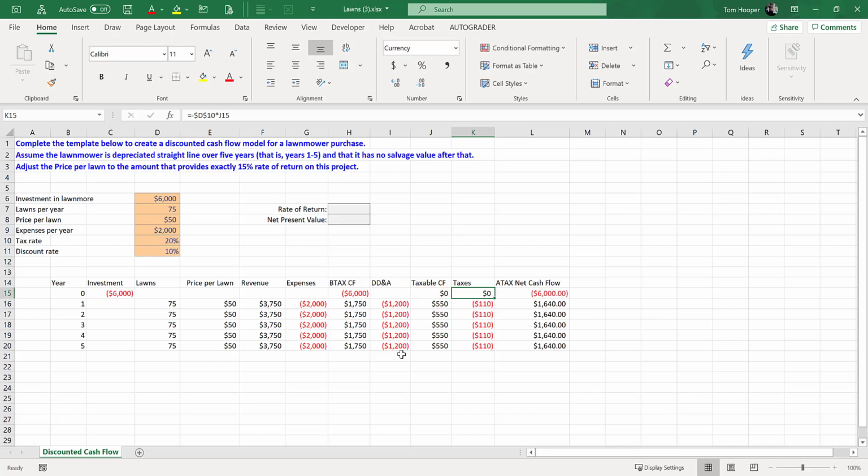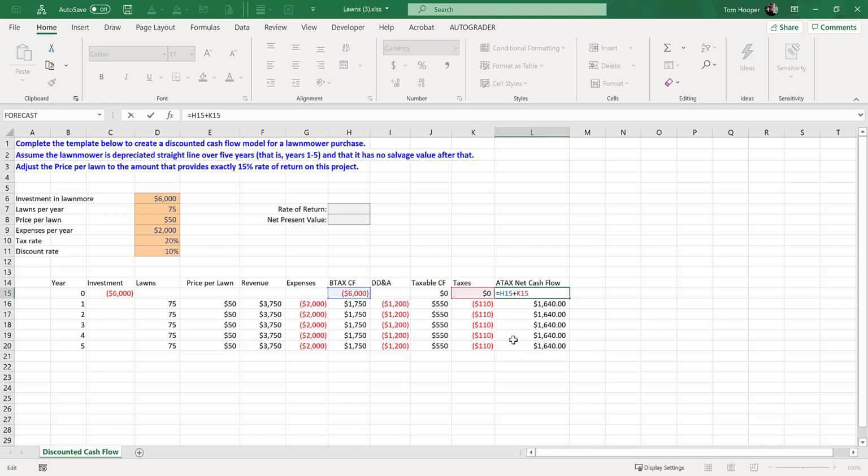So since we are able to amortize this, depreciate it over time, we don't actually pay any taxes at time 0. If you are in an energy project where you're taking all of that DD&A at time 0, then you would actually have a nice tax shield as soon as you write that check.